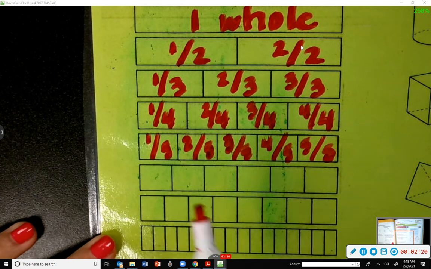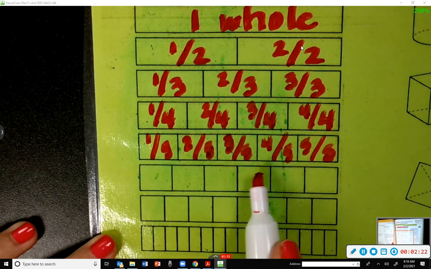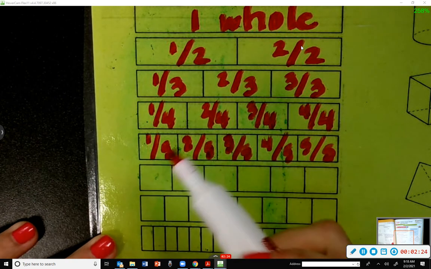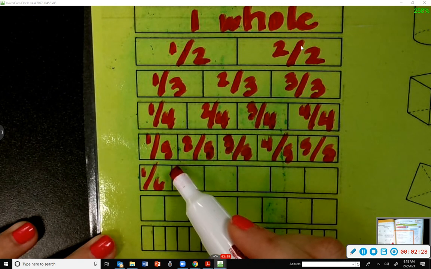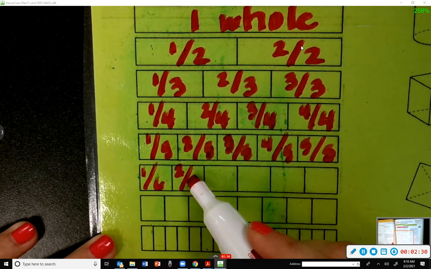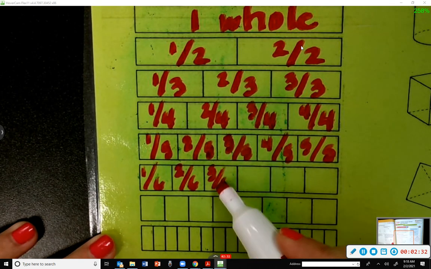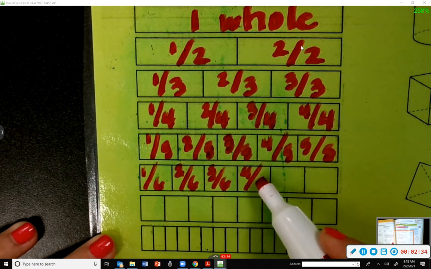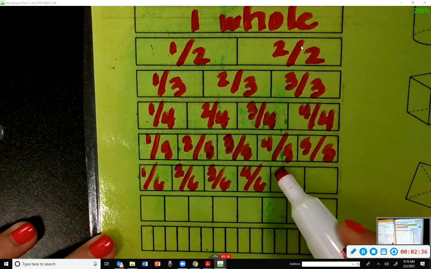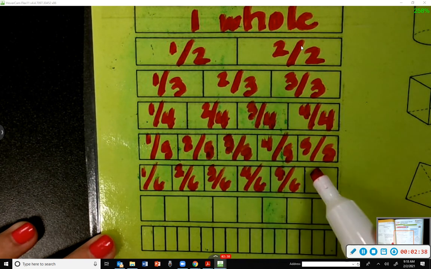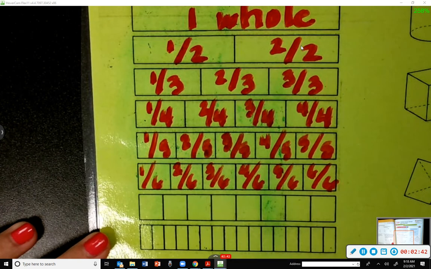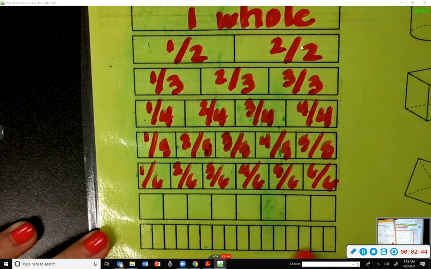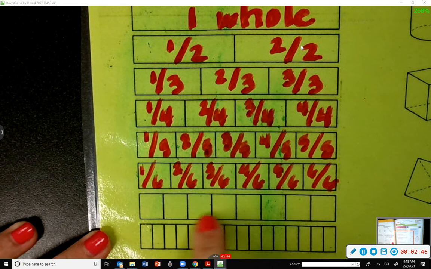Okay, the next one, 1, 2, 3, 4, 5, 6. So each one of these has a 6 as your denominator. Okay, and we're not going to try to label these skinny tiny pieces, so we'll stop here with this row.